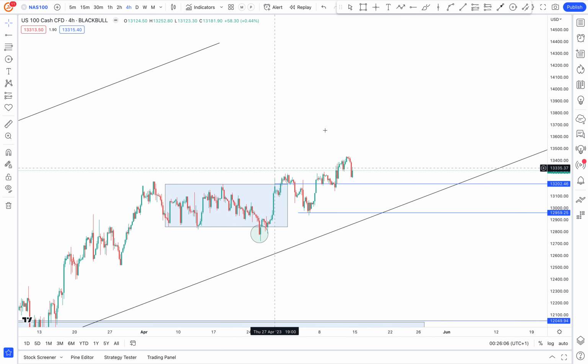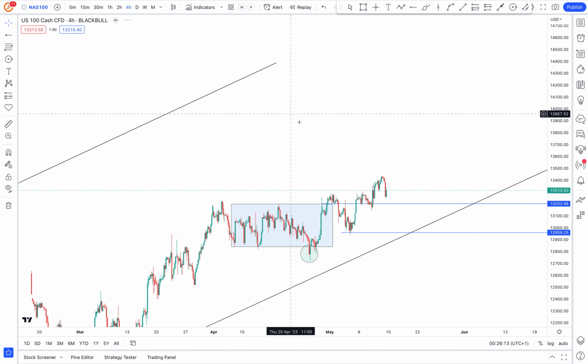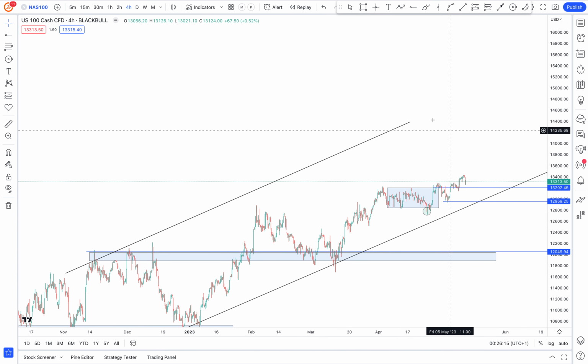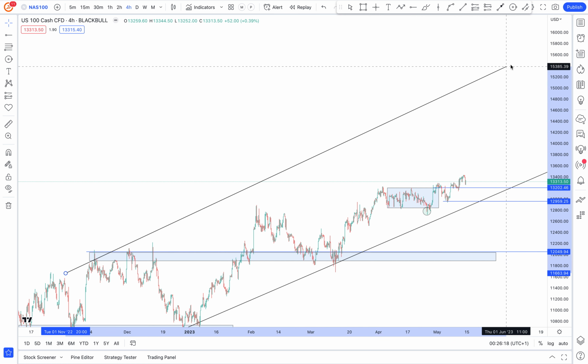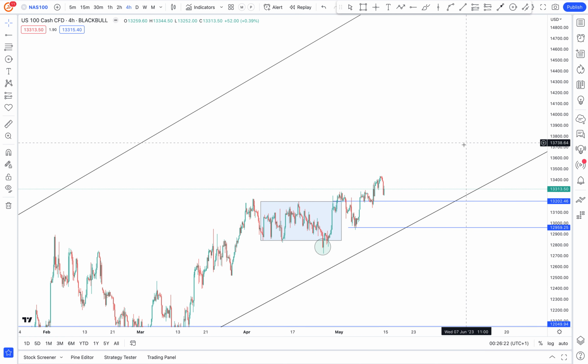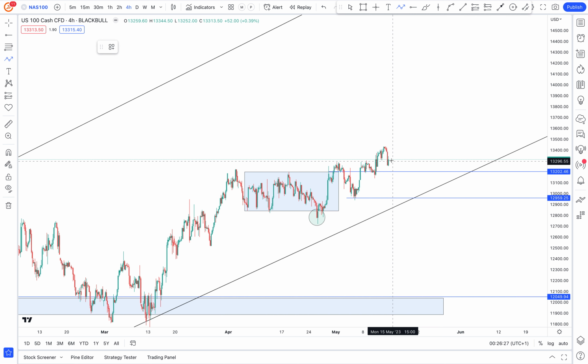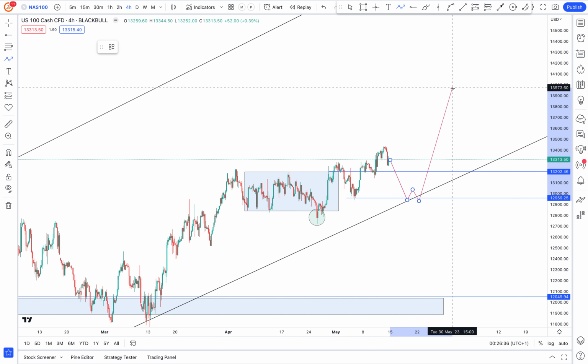So what I'll be expecting on the market is price to continue this bullish movement. Let me push this trend line further, because this is what we should be using to anticipate our profit target on NAS100. I'll be expecting price to make a movement like this: a retest of this support trend line, and then some sort of movement back up, right?